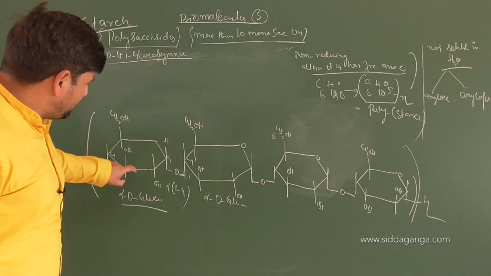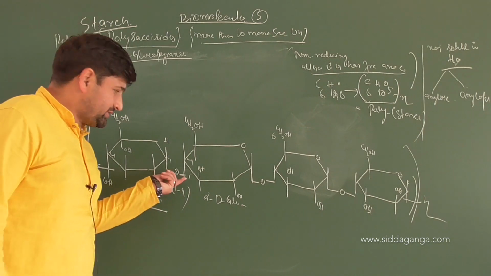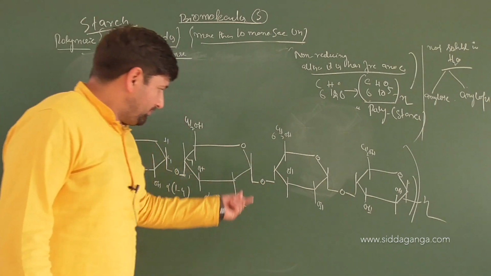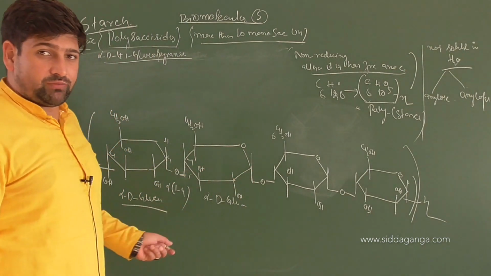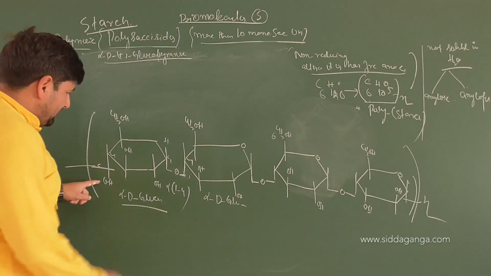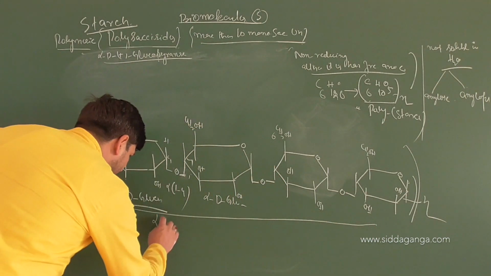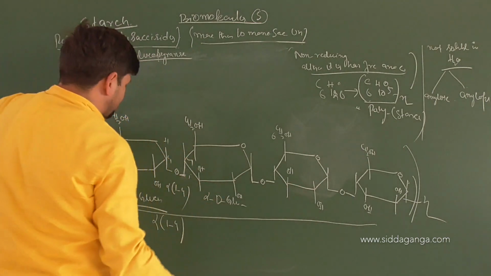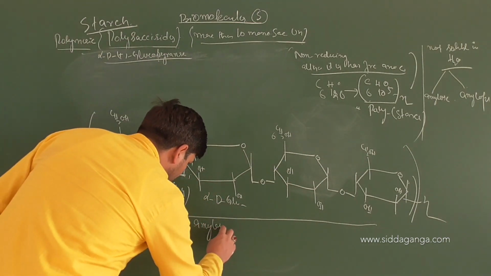The basic repeating unit is held by what linkage? Alpha 1,4 link. It's a glycosidic linkage existing between the two monosaccharide units, which by the elimination of water combine and result in the formation of a polymer, which is starch. This linear chain obtained by just alpha 1,4 links, we call the linear part of the starch, amylose.